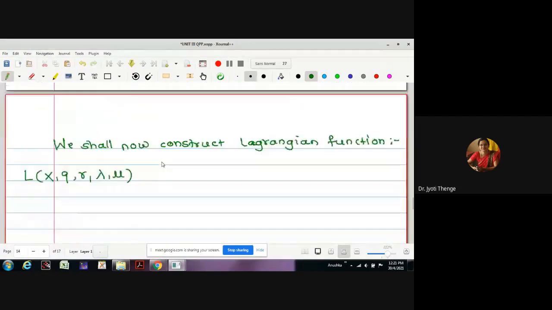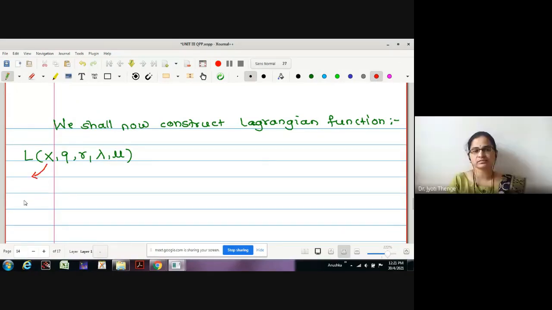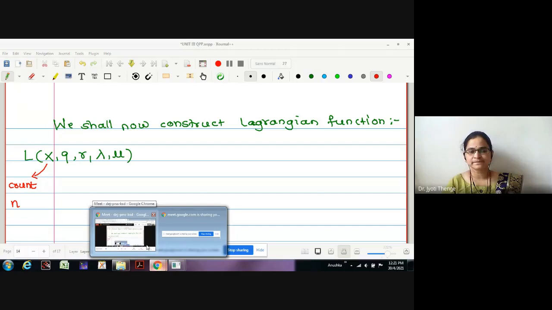Therefore, let us think of what is the count of all the variables. What is the count for x? How many x variables do we have? How many variables in the x vector do we have? n. Right? Am I audible clearly?